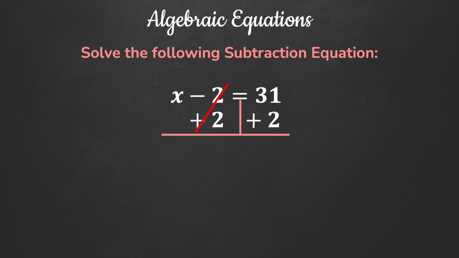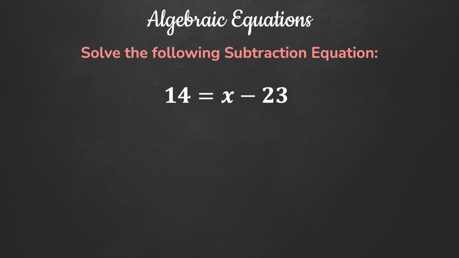And on the left side, all we're left with is x. We're going to bring down the equal sign, and 31 plus 2 is equal to 33. So x is equal to 33 here. If we went back and we substituted x for 33, we could see that 33 minus 2 is equal to 31, making this equation true.